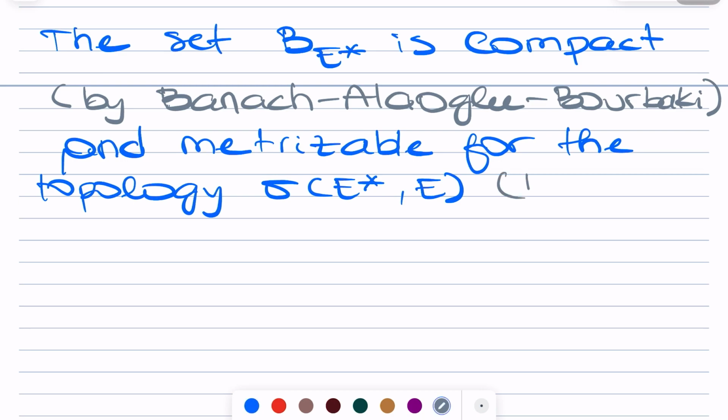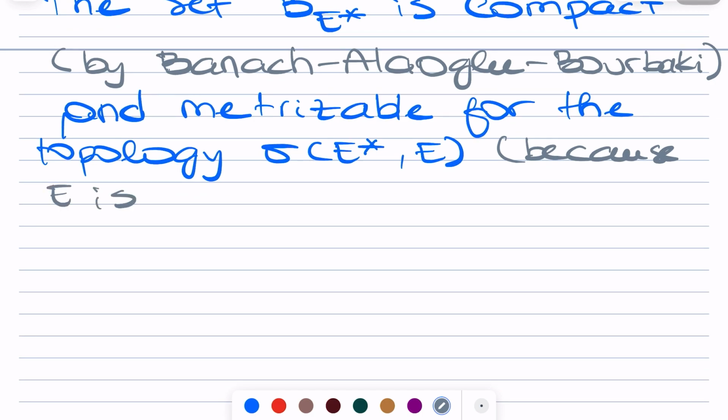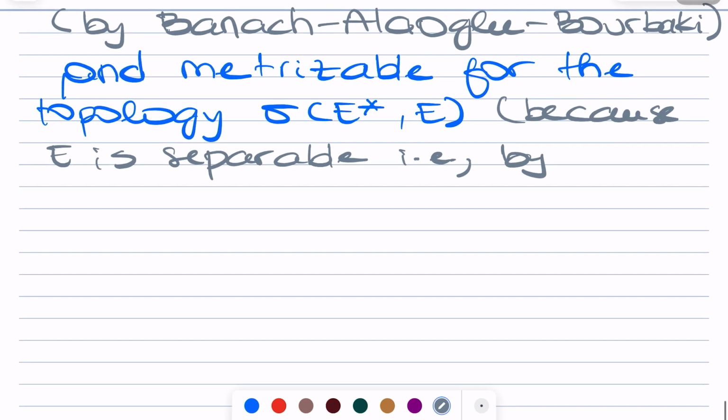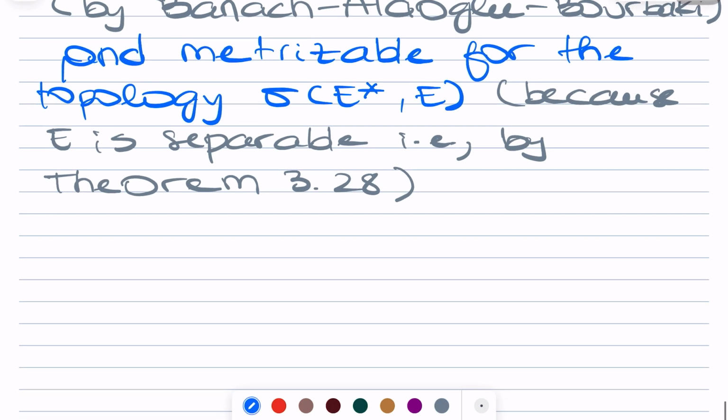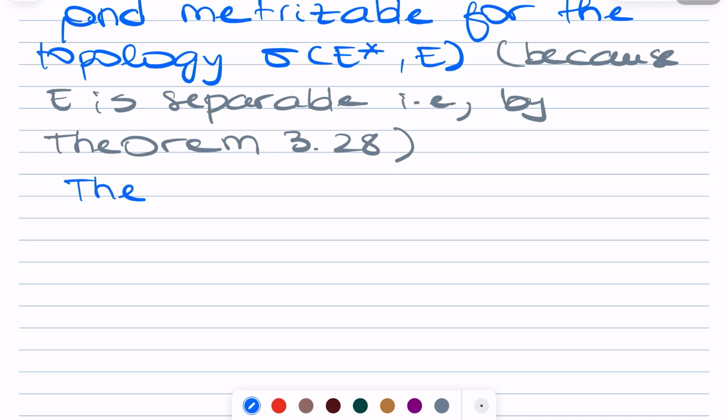Again, let me just say why: because E is separable, by theorem 3.28. So the conclusion just follows, and there's nothing to write anymore.